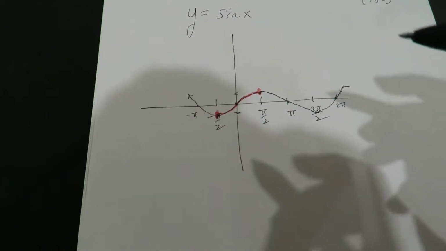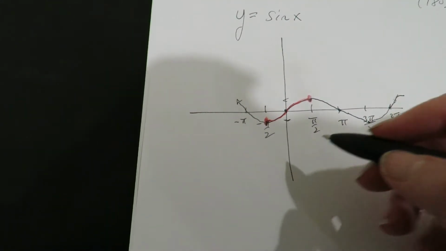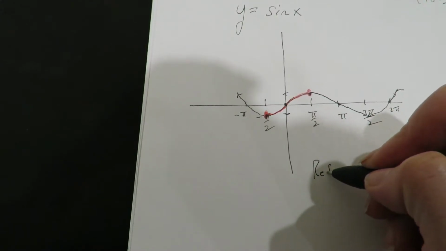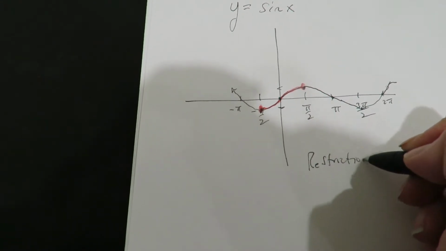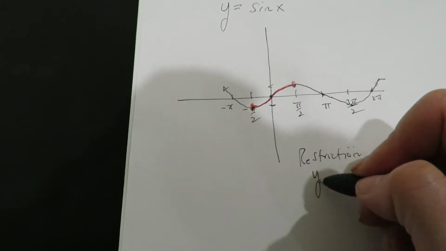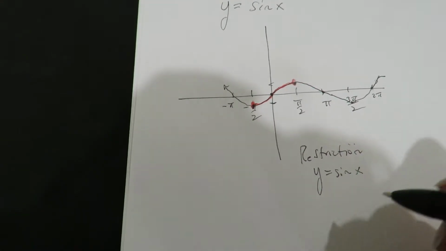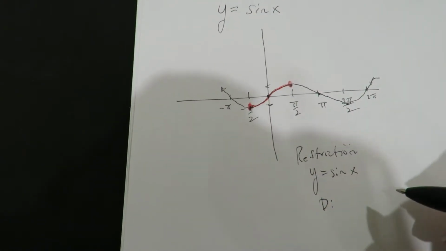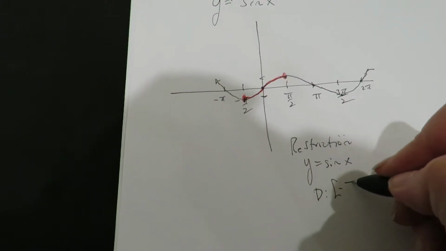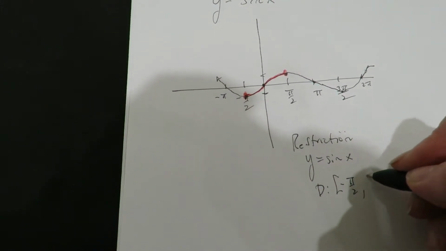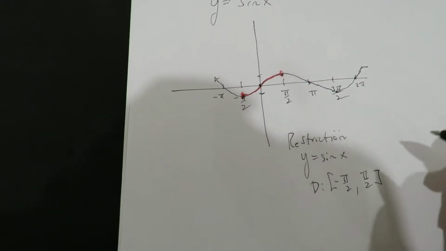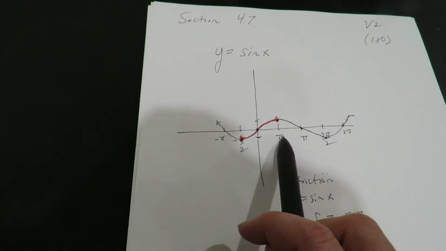So under the restriction, y equals sine x, I say that the domain is going to be from negative pi over 2 to pi over 2.